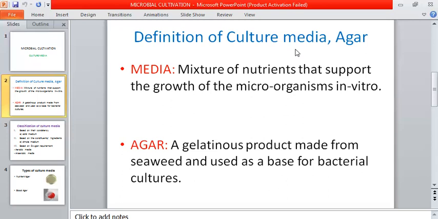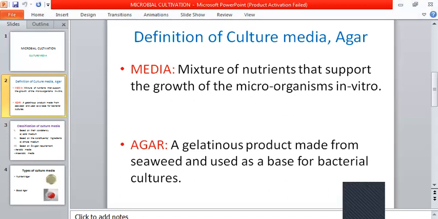Then we have solid media, in which we add about 5% of agar. When it cools down and is cold, it is in the form of a solid. This agar is the one used to solidify the media, but it does not give nutrients to the microorganisms or the bacteria.